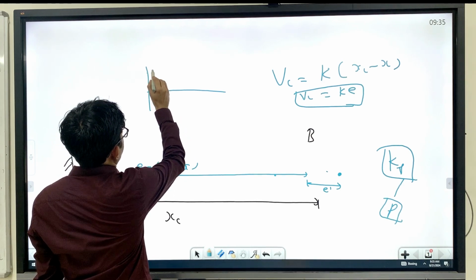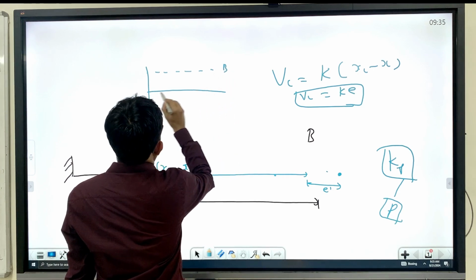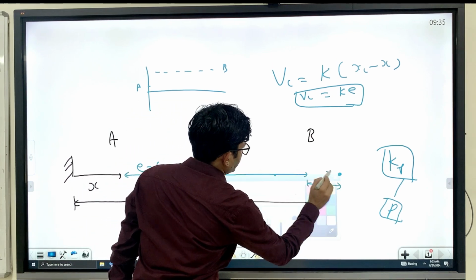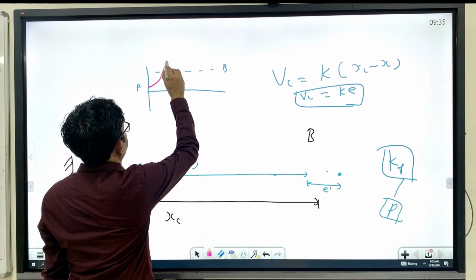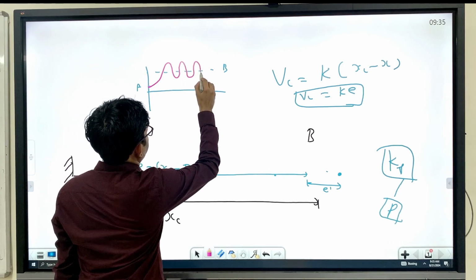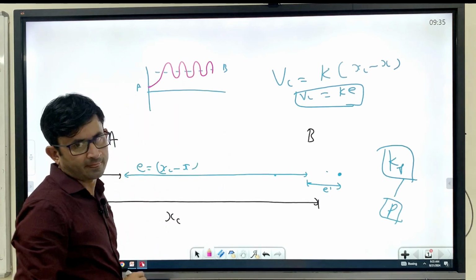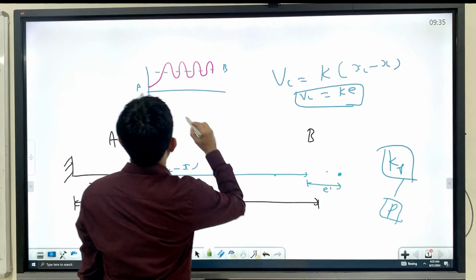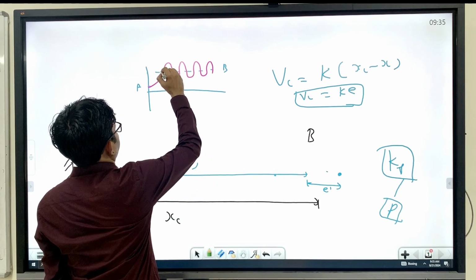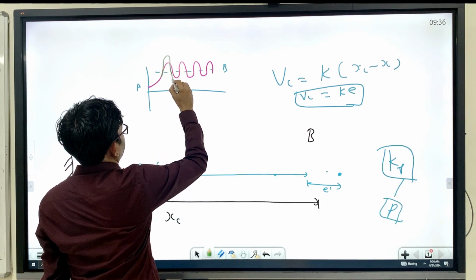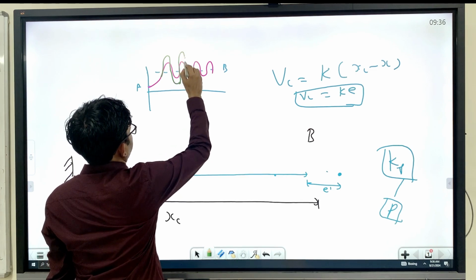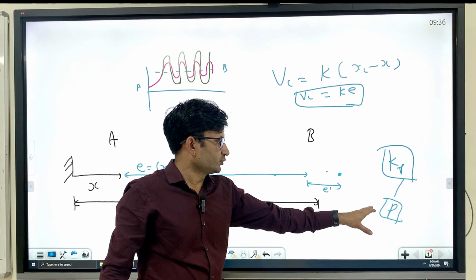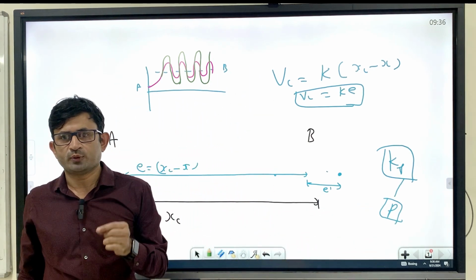You want to reach this point B, and this is point A. So now you have reached this point and you keep oscillating, right? But if you increase the K value, the oscillation may increase, something like that. Only using P you cannot actually attain the point B.